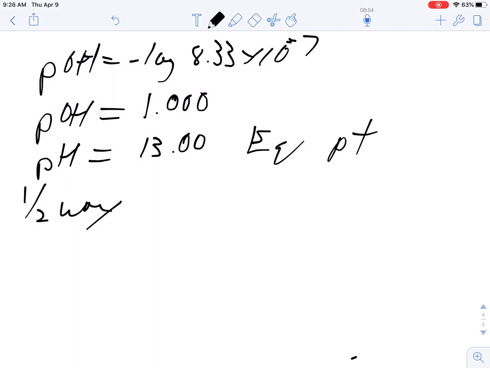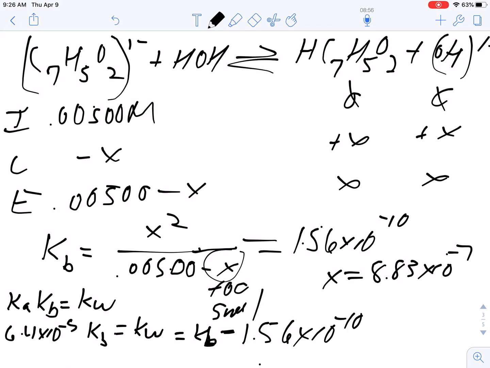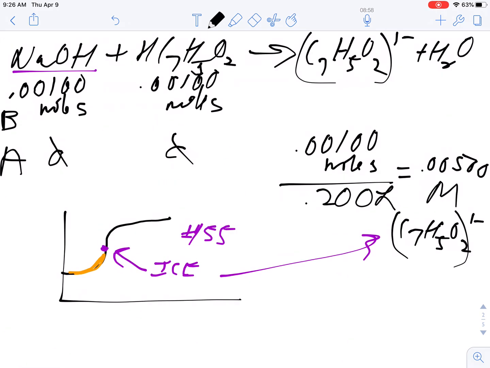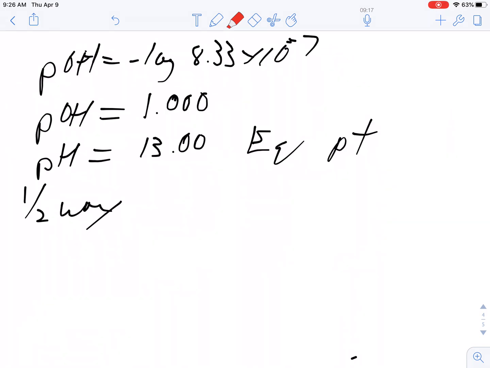Halfway means that the number of moles you have up here is half of this number. If the moles are half as many, I kind of proved this before, but I'll do it quicker this time around.